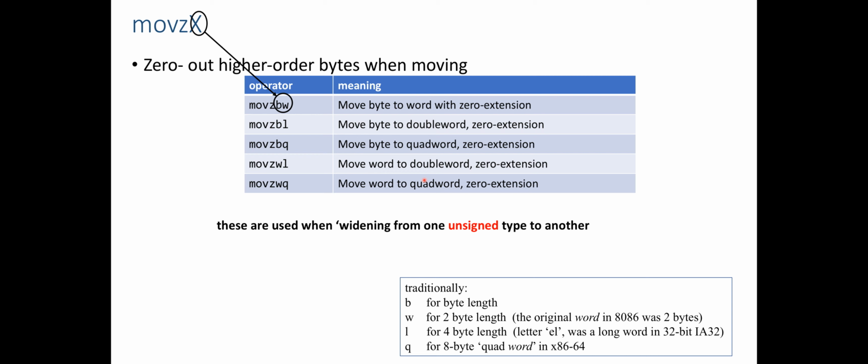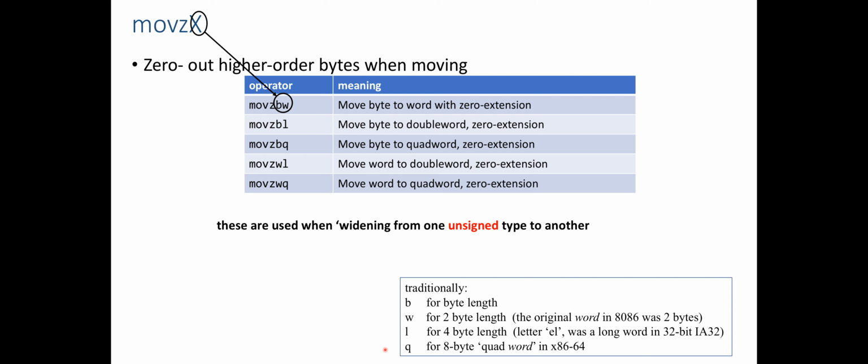Similarly, you can move a byte into a double word, or an L. You remember, down here are the 4 different letters that we typically use for the length of the register that we're going to be using for a particular instruction.